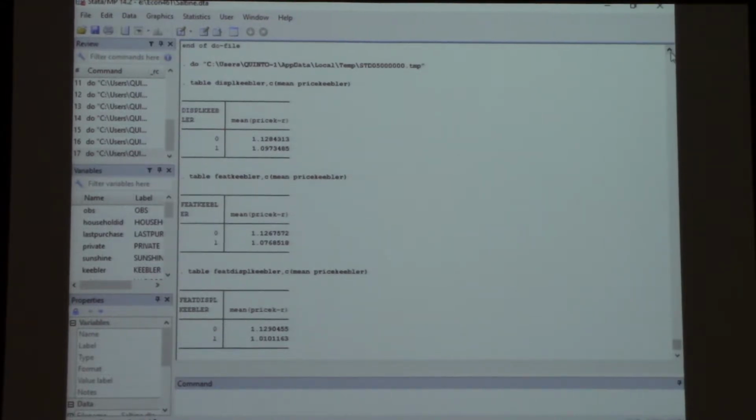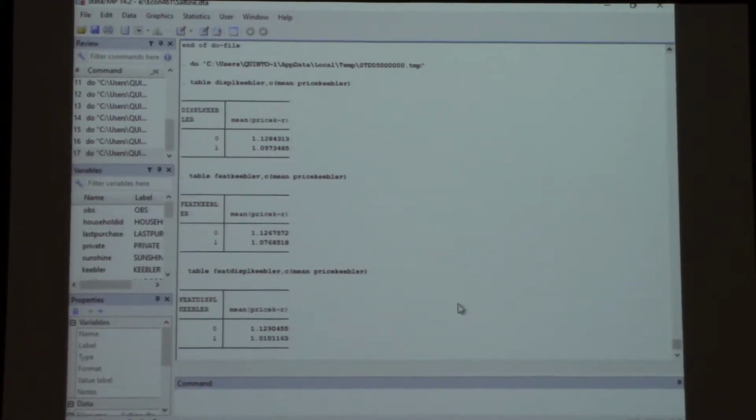And it's about the same as we go down, $1.13, $1.13, $1.13. There's some rounding error because the sample size differs. And then we can see that the display price is $1.09, it's less than $1.13. The feature price is $1.07, it's less than $1.13. And the feature and display price is $1.01, and it's less than $1.13.